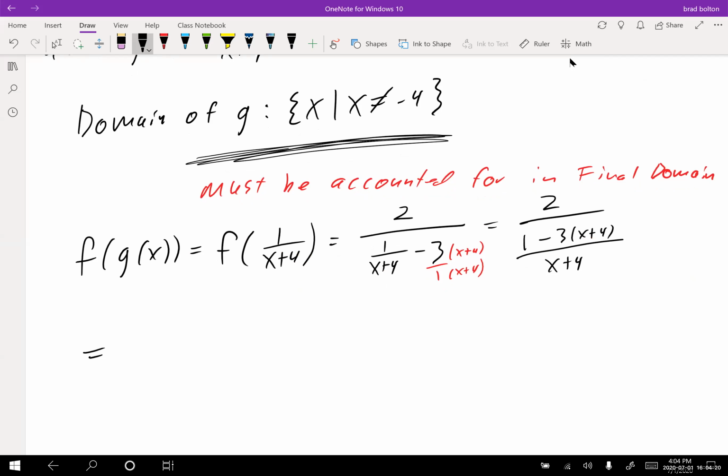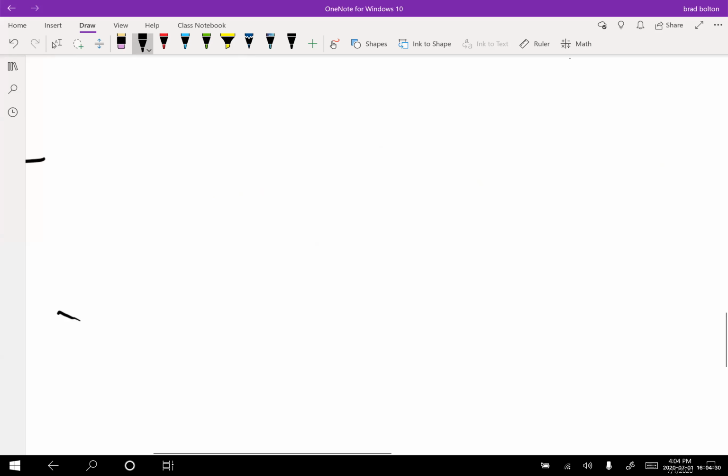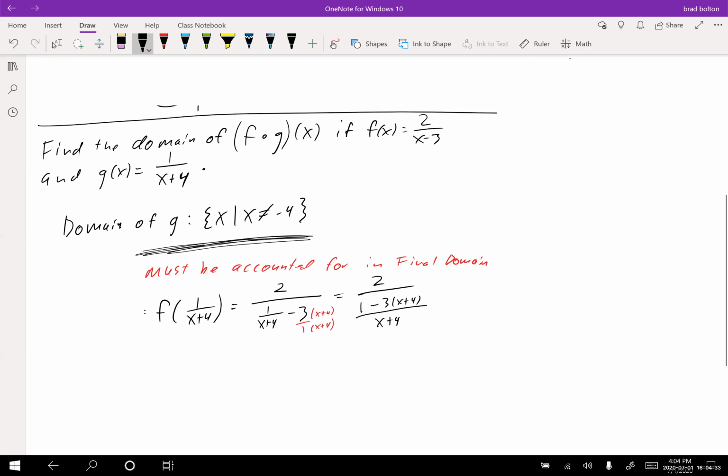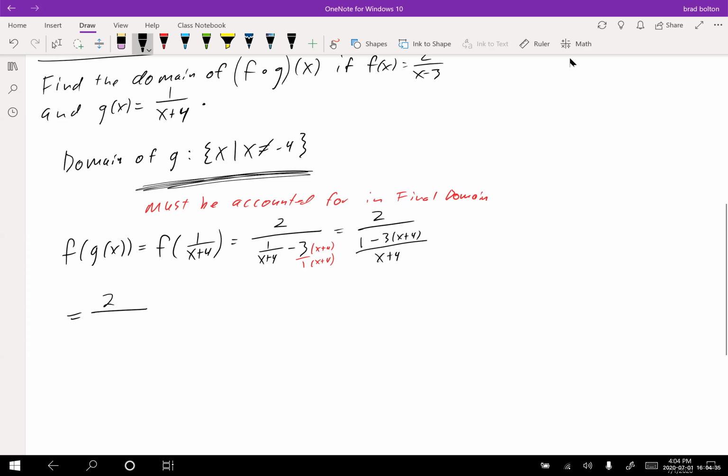So now we'll keep going with this. So this now will become 2 over, and now this is, let's see, negative, ooh, what happened there? This is now negative 3x, that's minus 12 plus 1, minus 11, divided by x plus 4. So now let's rewrite this. This is 2 divided by negative 3x minus 11 over x plus 4.